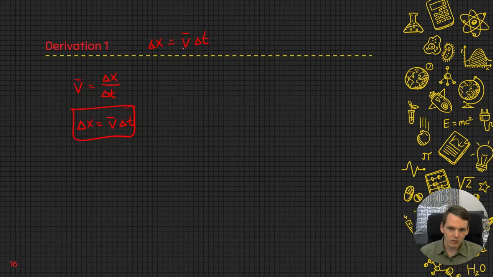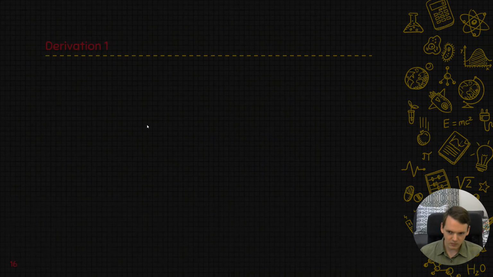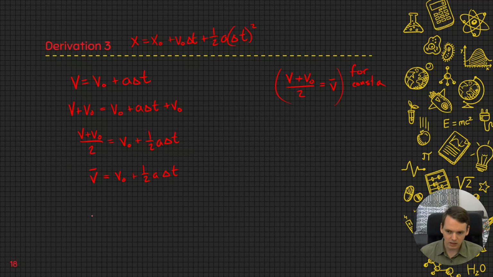And then if we remember back from earlier, v bar is just delta x over delta t. So coming back here, we can write delta x over delta t is equal to v naught plus 1/2 a delta t. So then I can rearrange that to get delta x equals v naught delta t plus 1/2 a delta t squared.